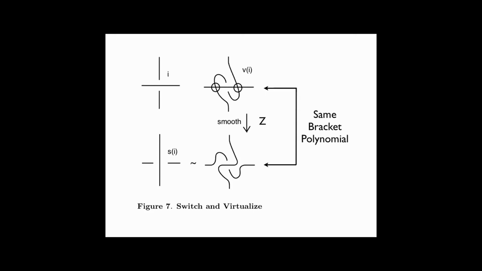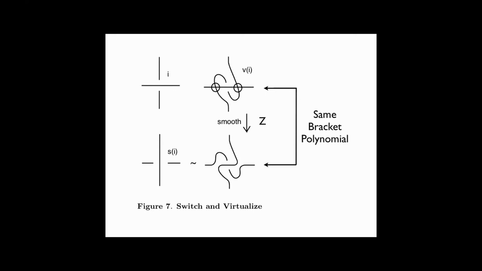So that means that I have reversed the sign of this crossing if we had kept track of orientation. And I have virtualized the crossing in my terminology. I have put those two flanking virtuals in. But we know they have the same Jones polynomial as if I did the Z move. The Z move smooths out the virtual crossings and gives me the diagram on the bottom right. And then I do a little isotopy on the bottom right, and I see, oh, that's the same as having switched the original crossing, flipped it from under to over.